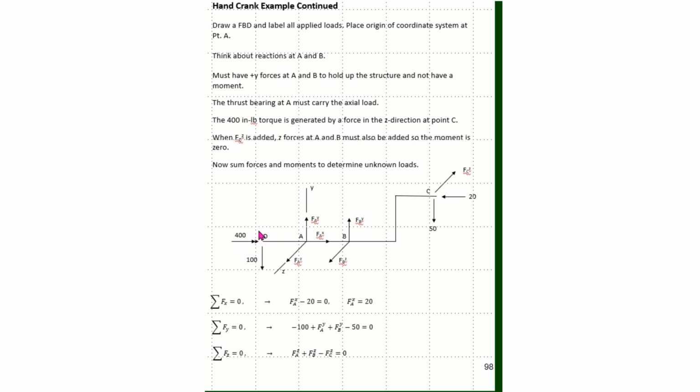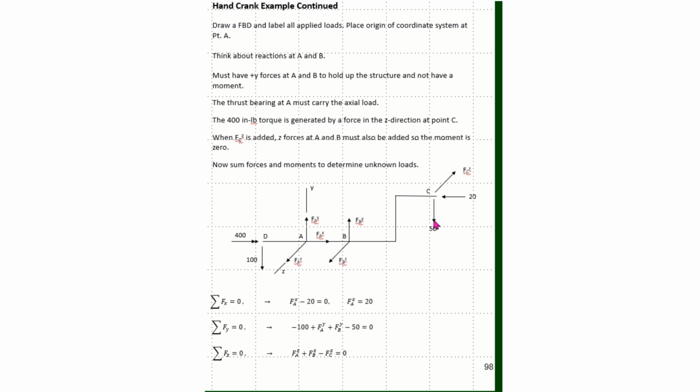So the disc and the 100-pound load are represented here at point D by the 100 load pulling down and the 400 inch-pound torque being applied at point D. I then have this 20 applied in the X direction and the 50 applied here.